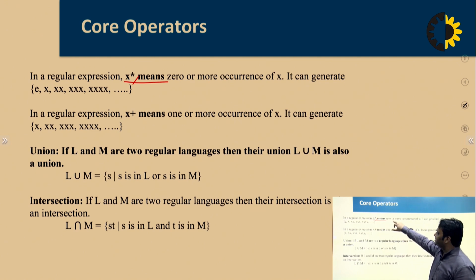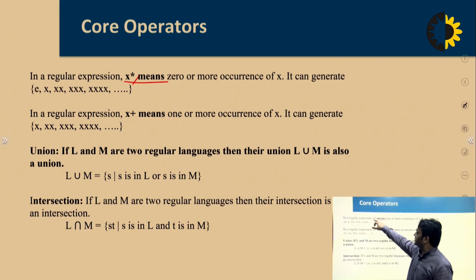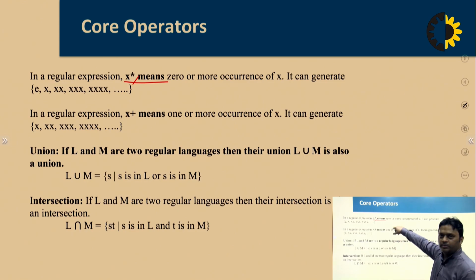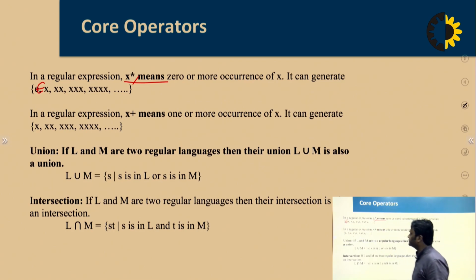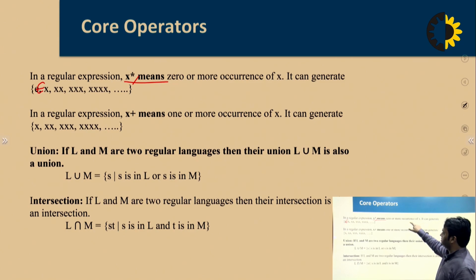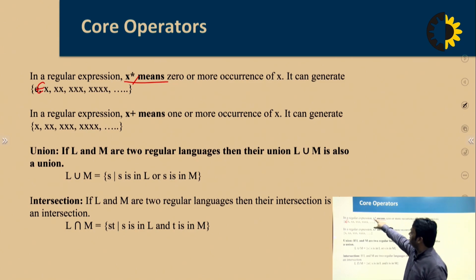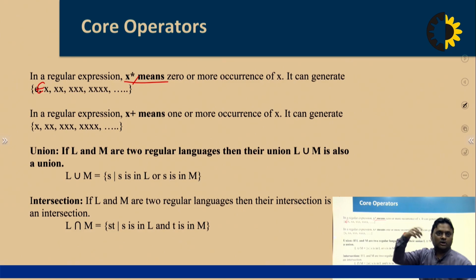It means 0 or more occurrences of x. This is the representation of a loop in the DFA, in finite automata.